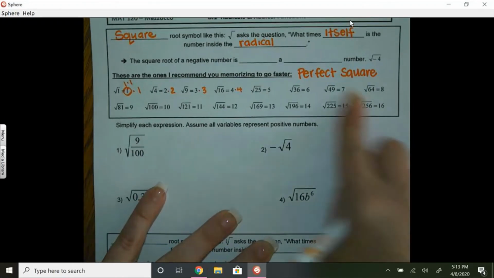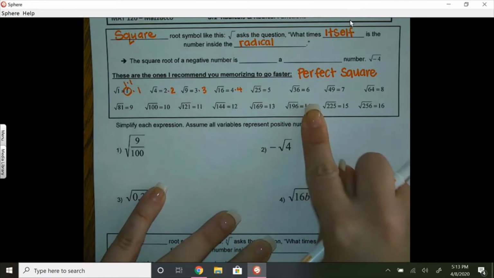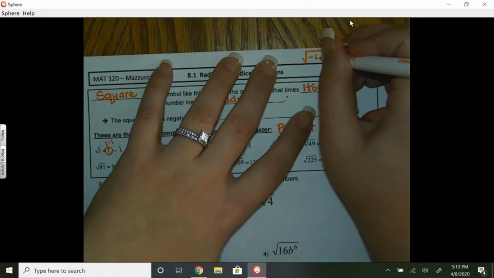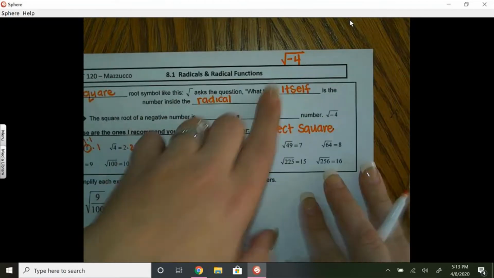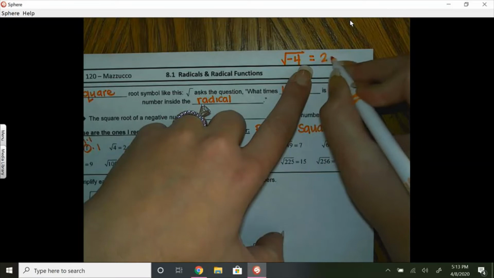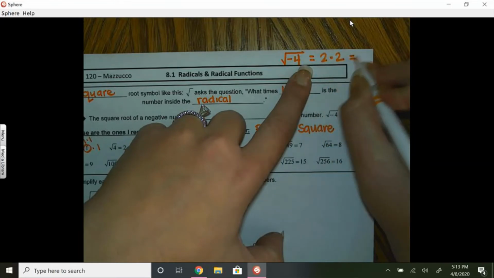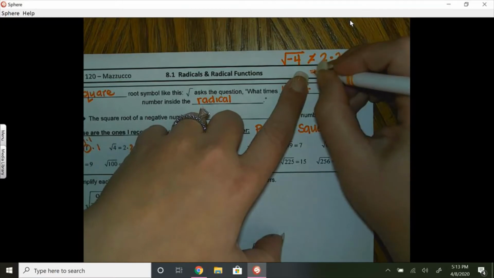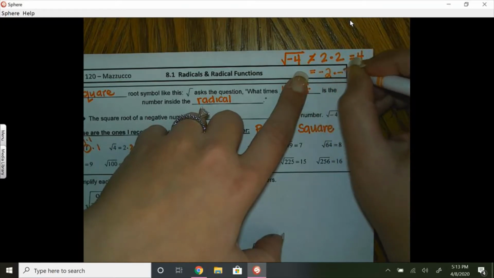So notice all of these are positive because if we had, for instance, the square root of -4, it wouldn't work. We couldn't get a real number answer because 2 times 2, that's 4, so that doesn't work. And -2, they have to be the same.